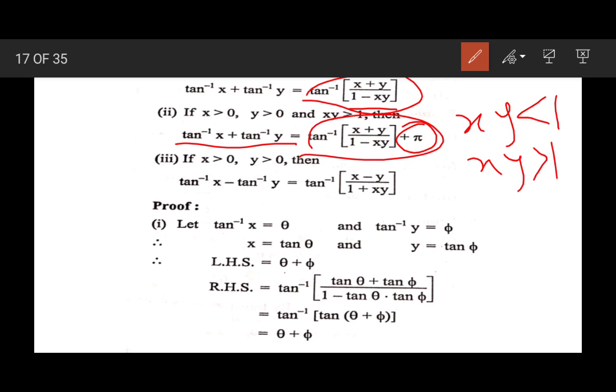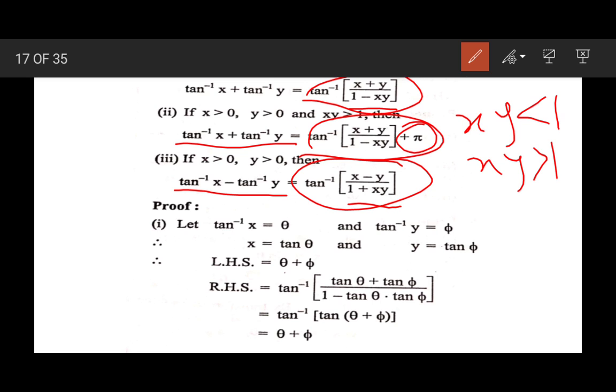And when it is tan inverse x minus tan inverse y, then there is no issue, no condition, it is simple, there is a single formula for this. The formula is tan inverse of (x minus y) upon (1 plus xy).